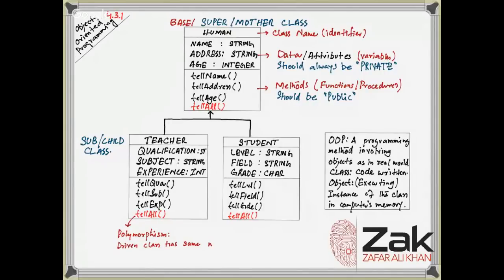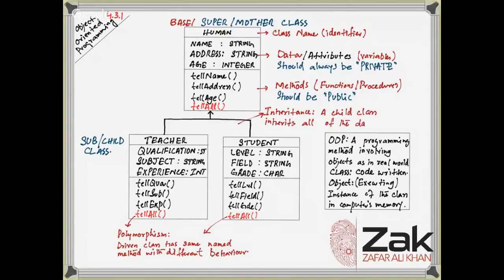A derived class has the same named method with different behavior. All right. So inheritance: a child class inherits all of the data and methods of the mother class.